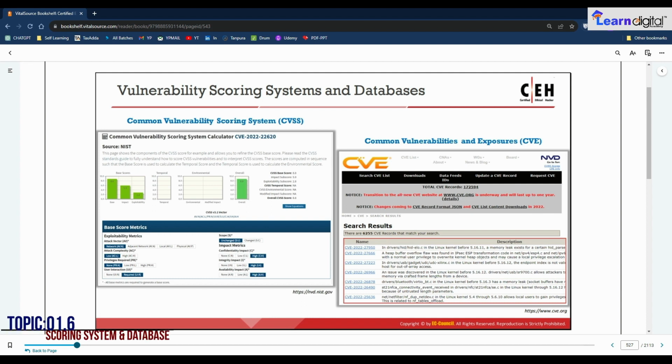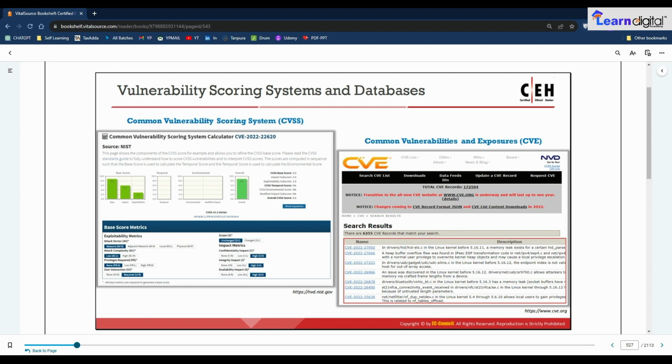Then the next point is vulnerability scoring systems and databases. Due to the growing severity of cyber attacks, vulnerability research has become critical, as it helps to mitigate the chance of attacks. Vulnerability research provides awareness of advanced techniques to identify flaws or loopholes in software that can be exploited by attackers.